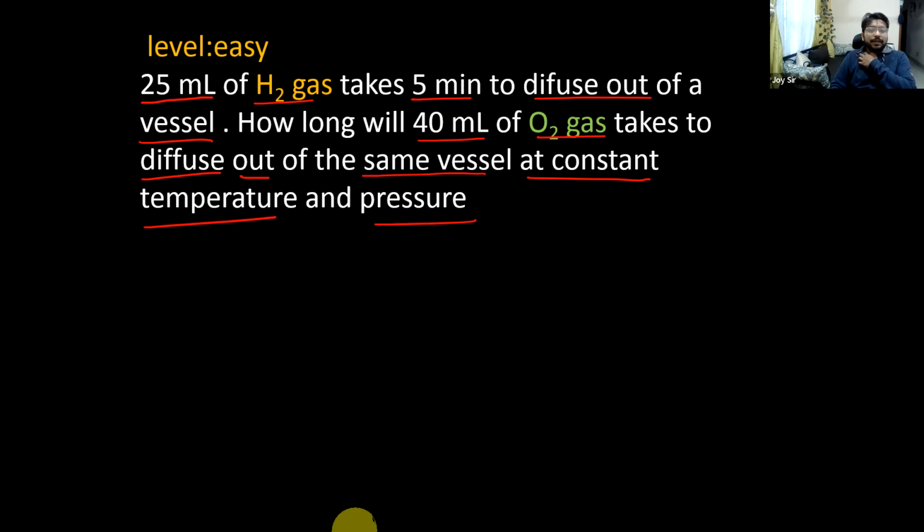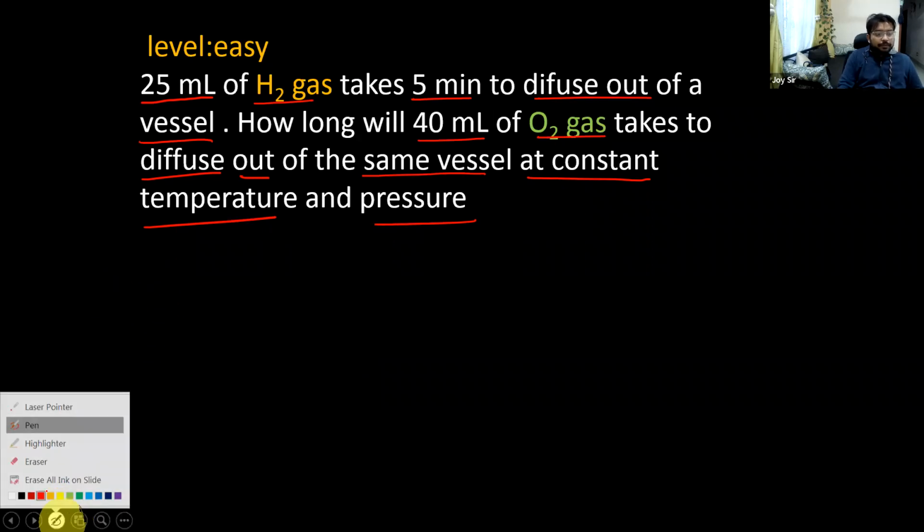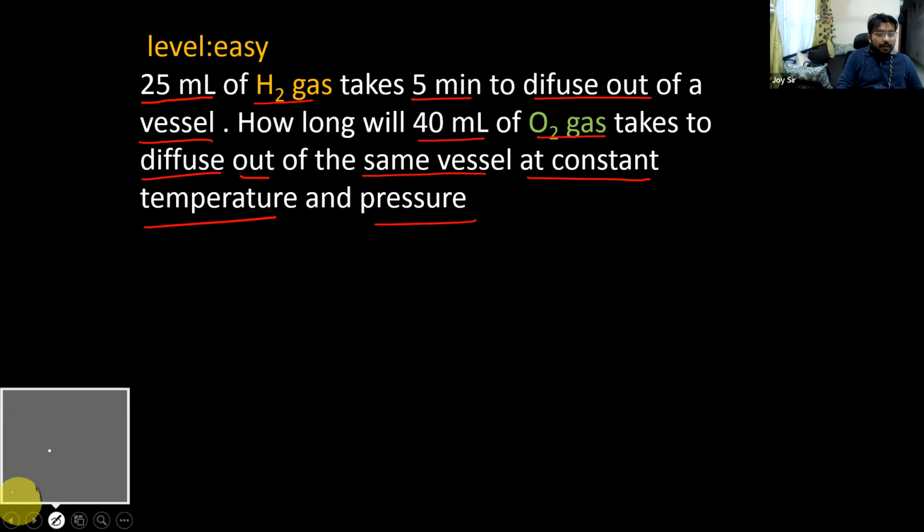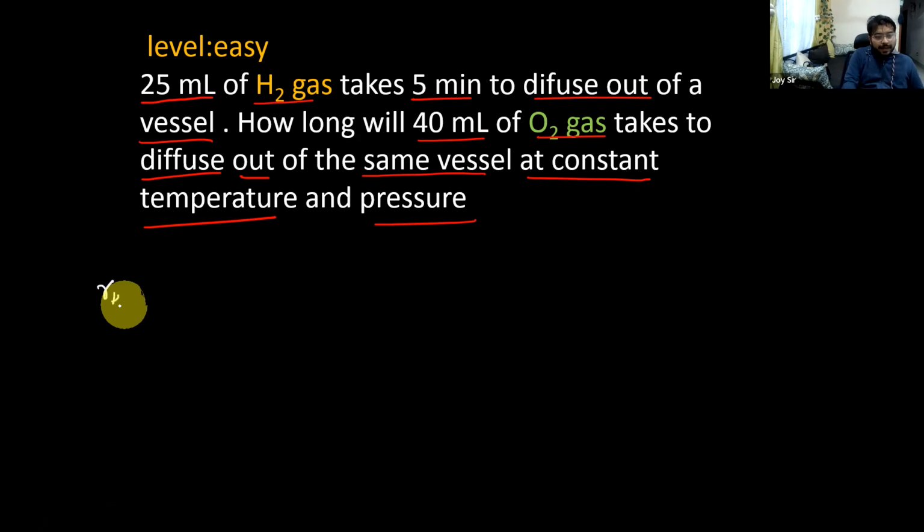25 ml of hydrogen gas takes 5 minutes to diffuse out. So we need to determine the rate of diffusion of hydrogen gas. What they have given is the volume of hydrogen gas that escapes.